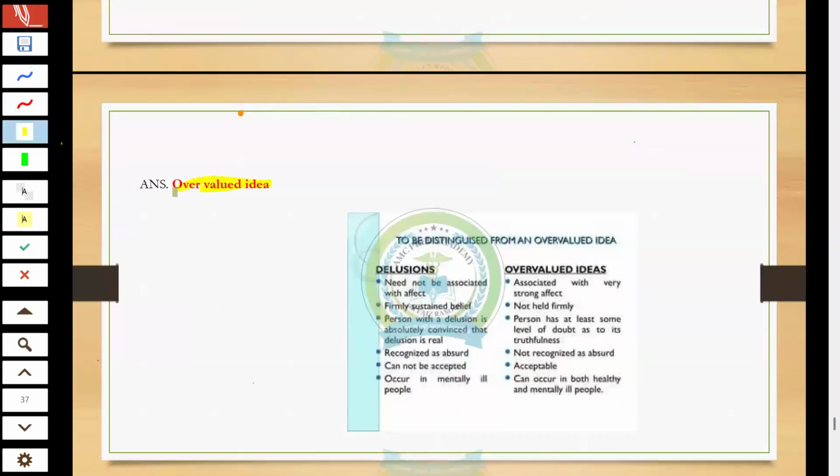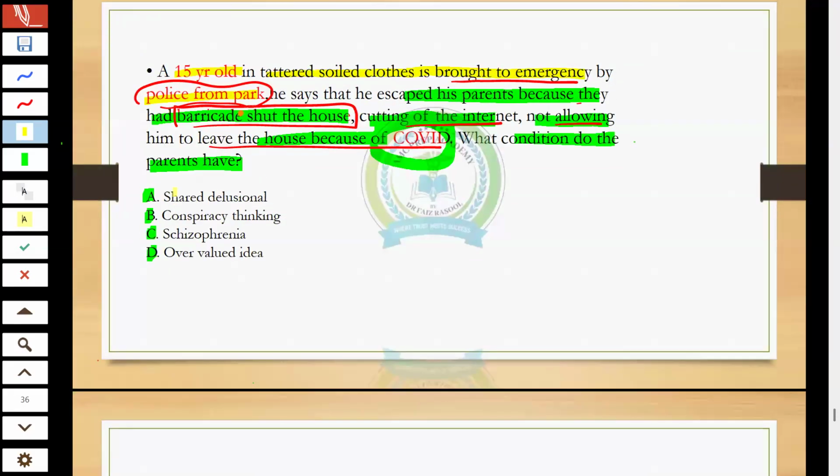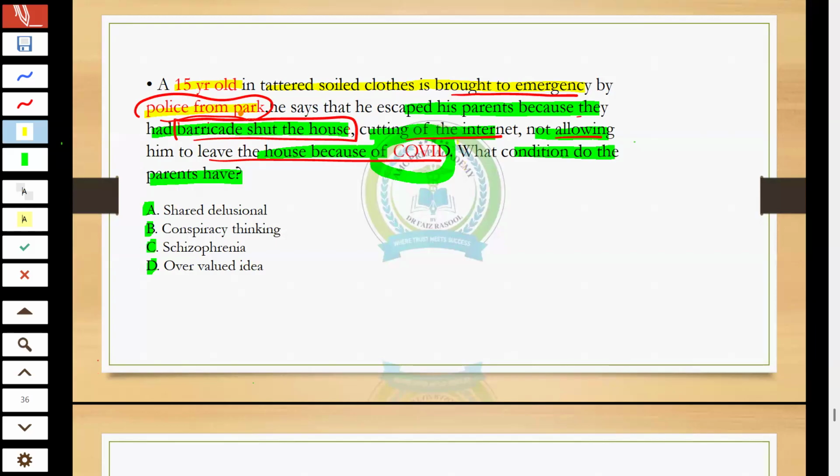Dr. Jessica says, I have my reasons, sir. I think shared delusion, because they actually do both. I think it is shared by both parents. So, doctors, you see here, what condition do the parents have? They are asking about the parents, not about the patient.